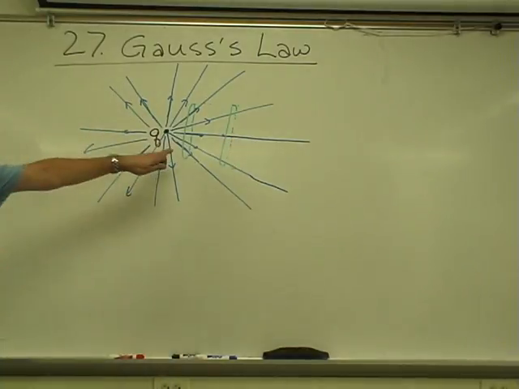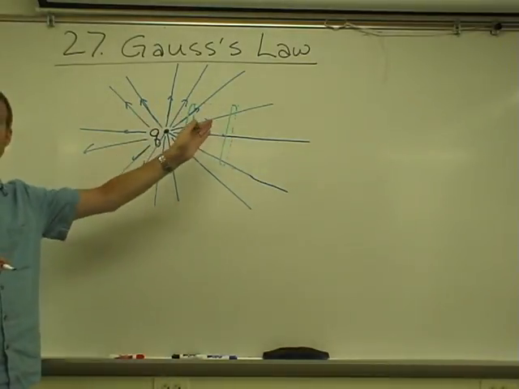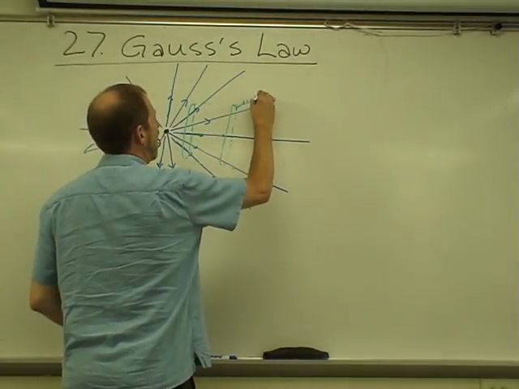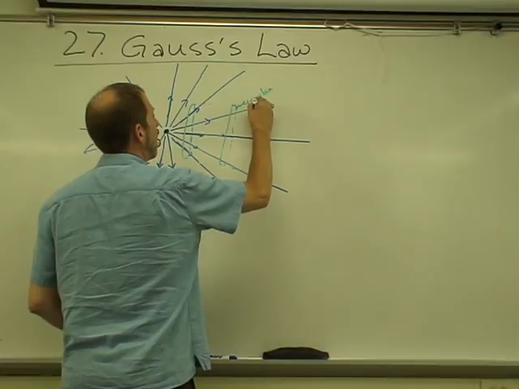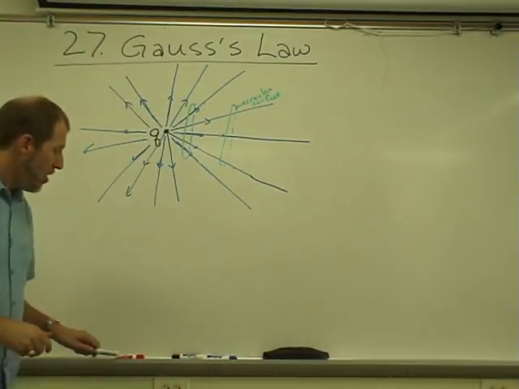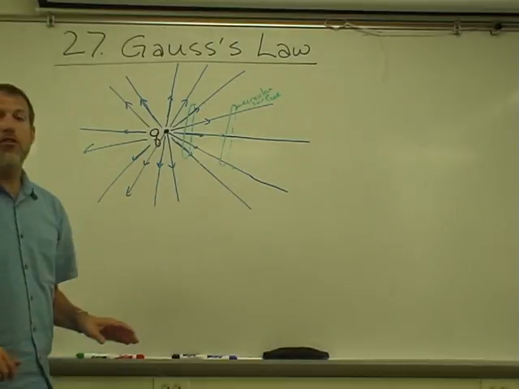Now, this surface, this green disk, let's say this represents a circular surface. Now, what's different about these two places?